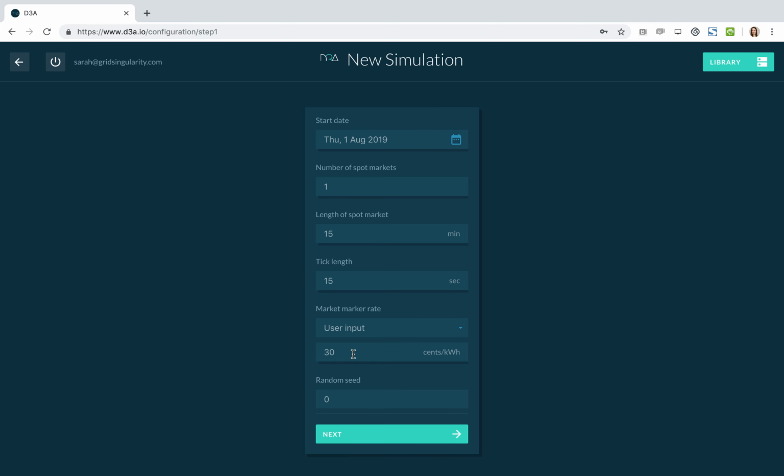So you would want to set this depending on your location of what the cost of electricity is, because the different agents that will be selling power in the simulation will start selling at this value, and then they will decrease what they're selling at. So this helps create a microgrid that is selling in competition or at the market rate or lower, so that your customers will save money. So that's something to take into account.